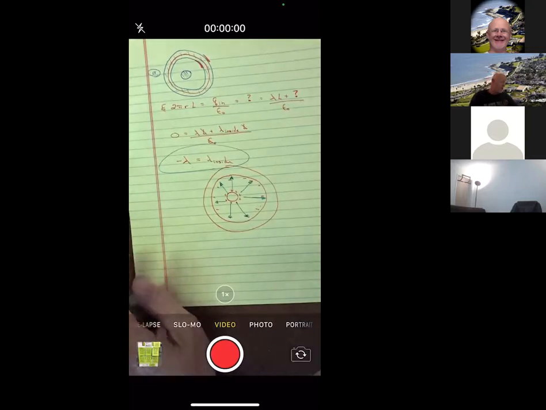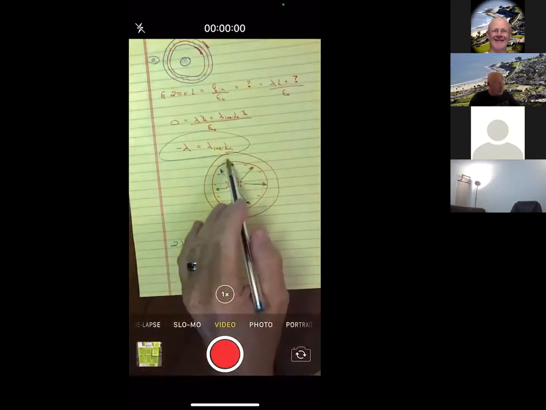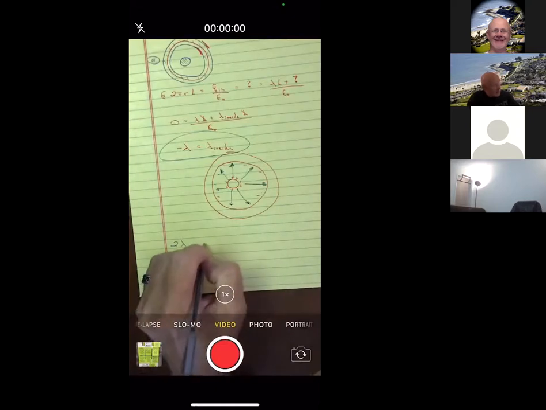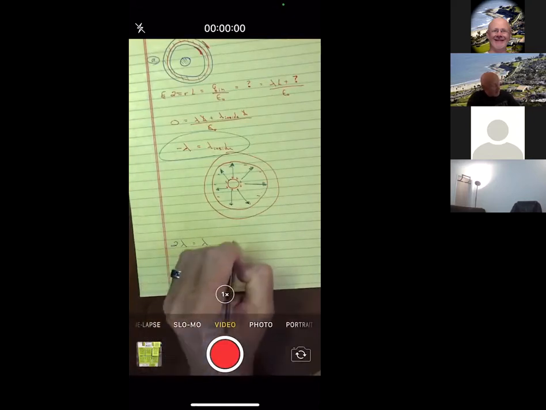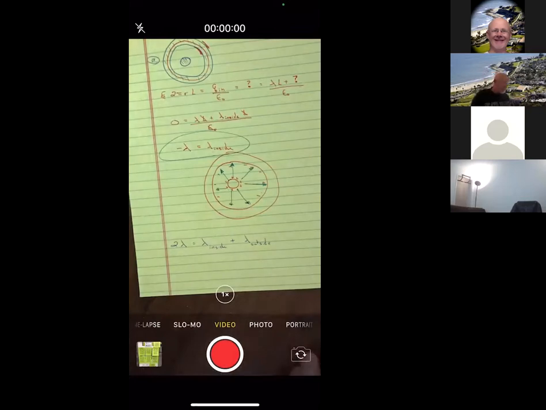Okay, so now that we have the inside, remember this, that the 2 lambda is the charge density of the whole metal cylinder. And so that would be lambda of the inside plus the lambda of the outside. Maybe I'll say it again.